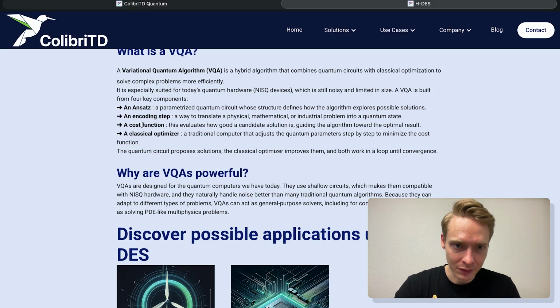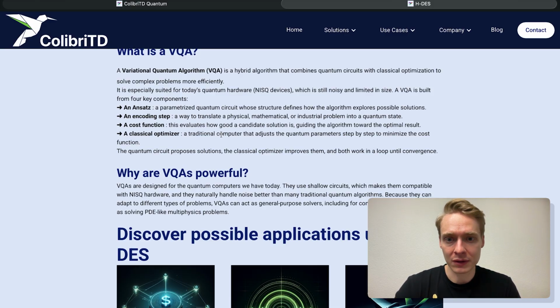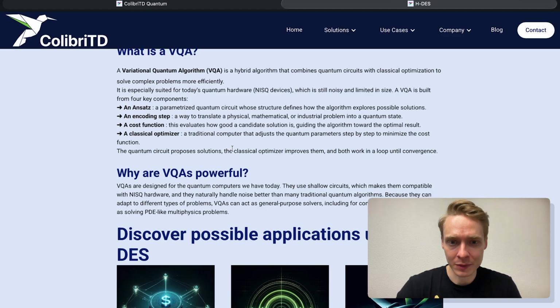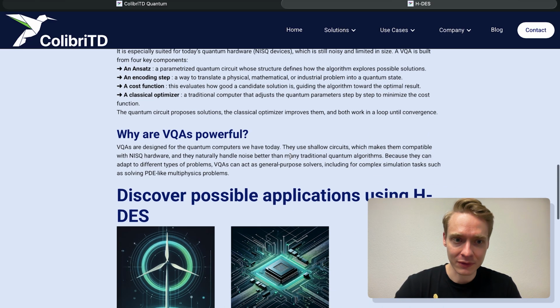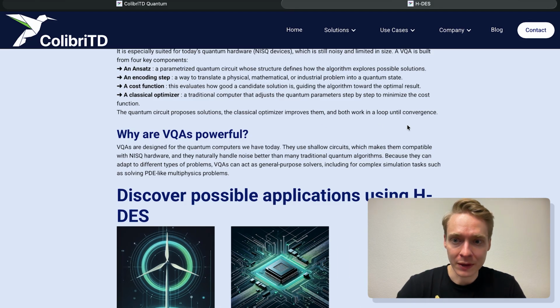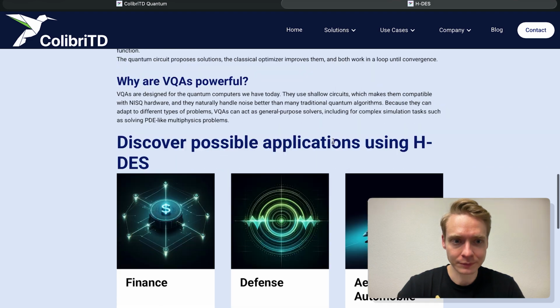Then you are running the cost function. This evaluates how good a candidate solution is, guiding the algorithm towards the optimal result. And then at the end, the classical optimizer, a traditional computer that adjusts the quantum parameters step by step to minimize the cost function. And then the quantum circuit proposes a solution. The classical optimizer improves it, and both work in a loop until convergence. And that is this loop which we are seeing here, right?